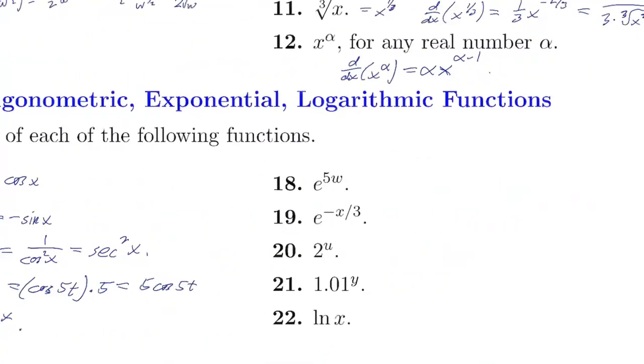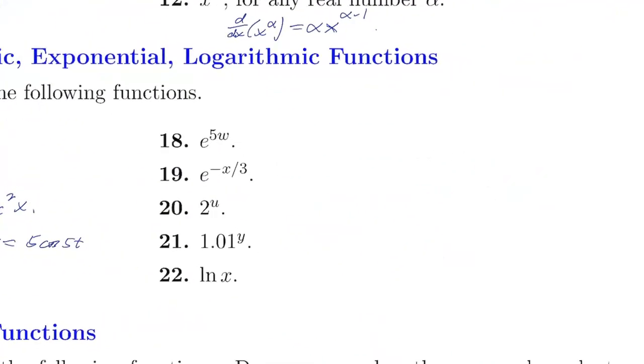All right, so then if we go to number 18, the derivative of e to the 5w. Well, it's kind of the same as that previous one, the sine of 5t. It's the derivative of e to the blah, so that's e to the blah times the derivative of the 5w, which is just 5. So similarly to the sine, this pops out a 5 in front.